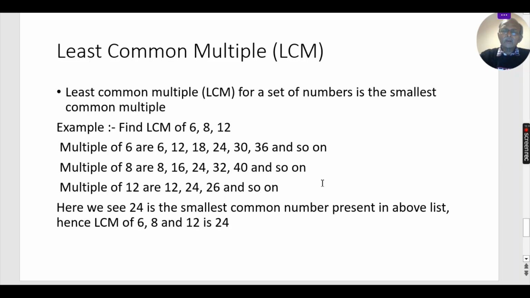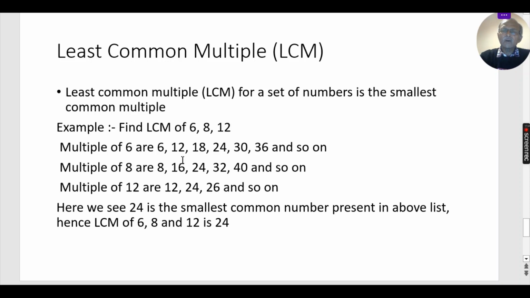So here we find that the smallest common number available is 24, which appears in all the lists of multiples of the given three numbers. So 24 is my least common multiple of the given numbers.